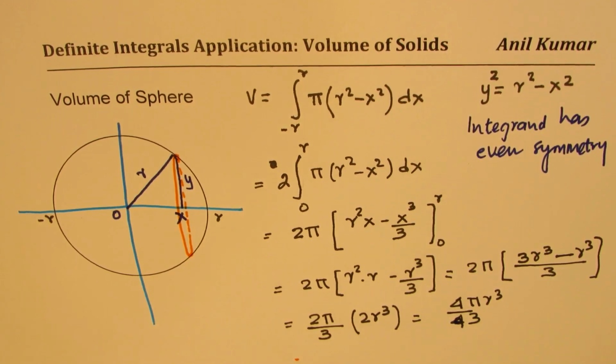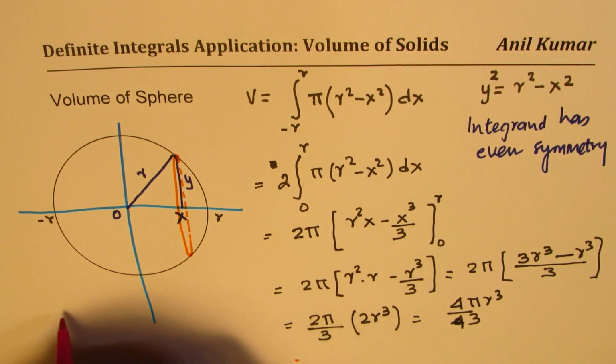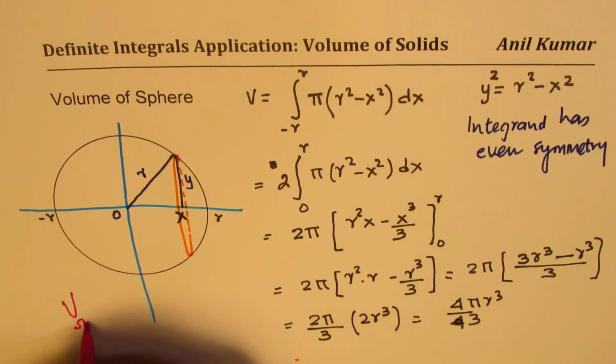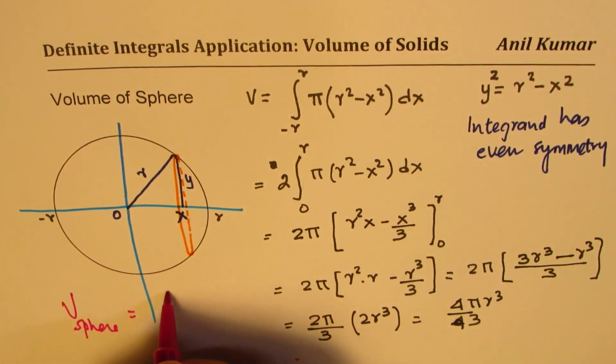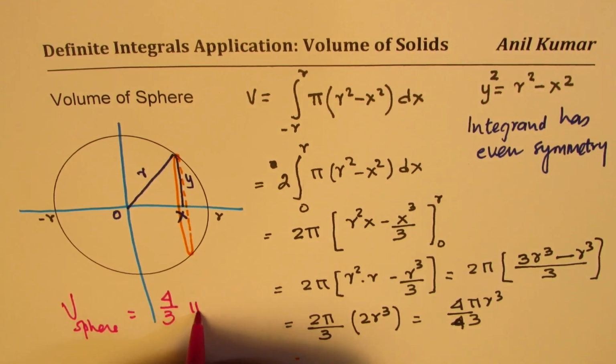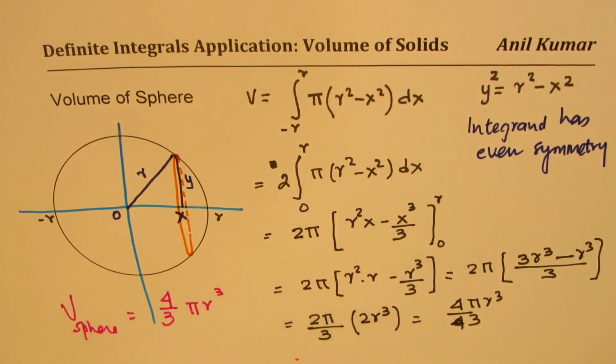So we have our formula, 4 by 3 pi r cubed. We have derived that the volume of the sphere equals 4 by 3 pi r cubed.